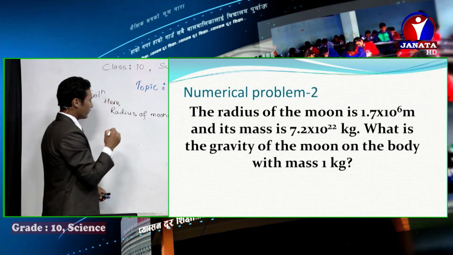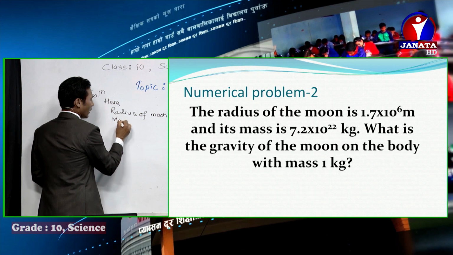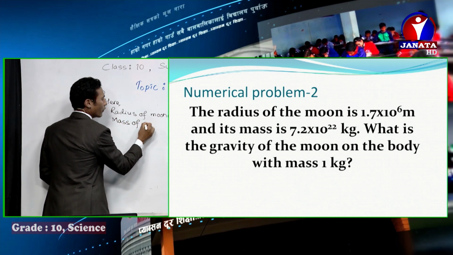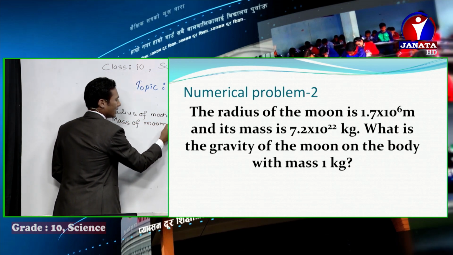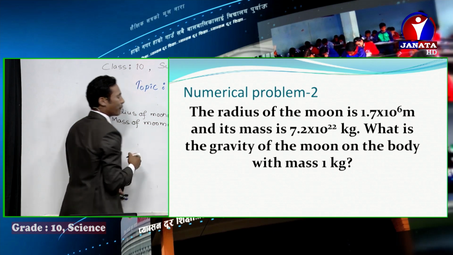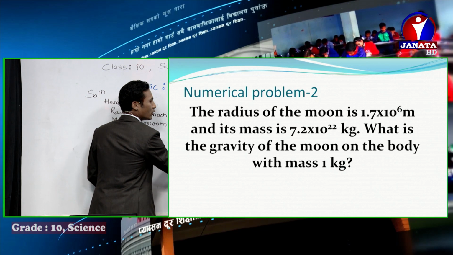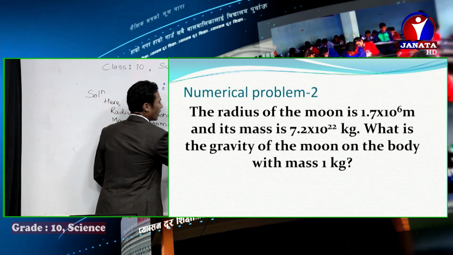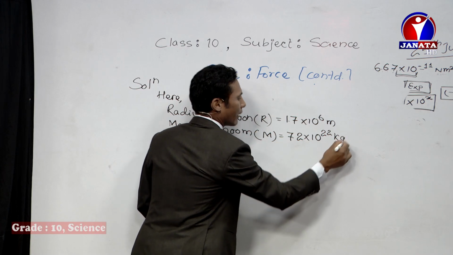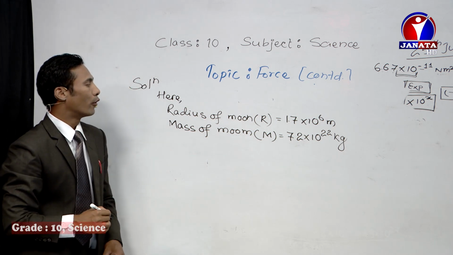And the mass of the moon is also given. I will write the mass of the moon as capital M, and it is given as 7.2 into 10 to the power 22 kg. This is the mass of the moon.